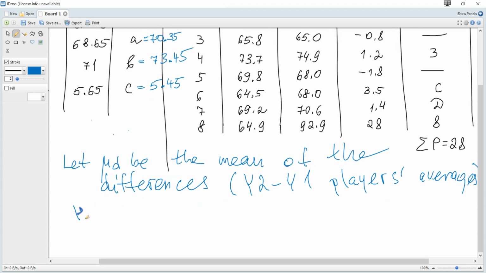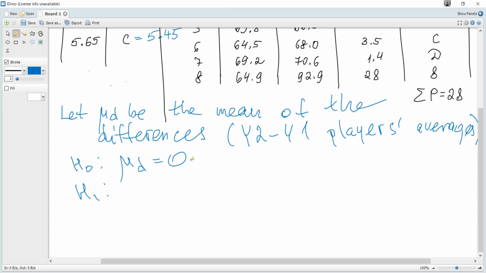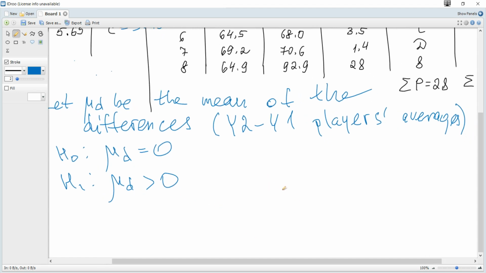And then the null hypothesis, you may just write mu d equals 0, and hence the alternative hypothesis implies no improvement. Since we check for improvement, the alternative becomes mu d greater than 0, or you may write the inverse. So H0: on average there is no improvement in players' means, and H1: on average there is improvement in players' mean.